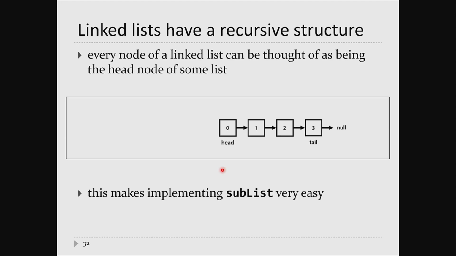I think I mentioned this when I talked about the node-based stacks, but these sorts of structures have a recursive structure. Every node in a linked list, you can think of as being the head node of some other list. The first node is the head of the entire list.